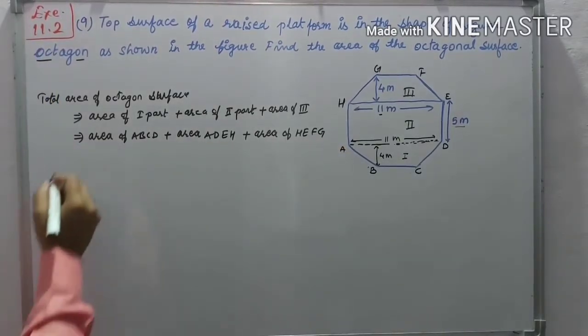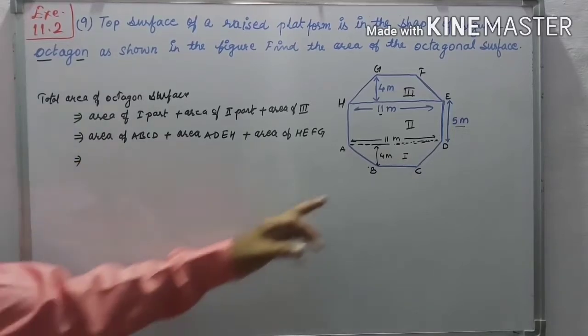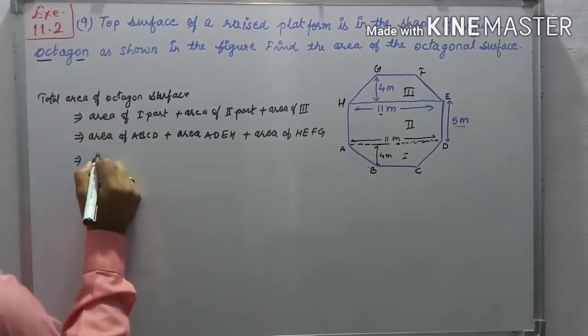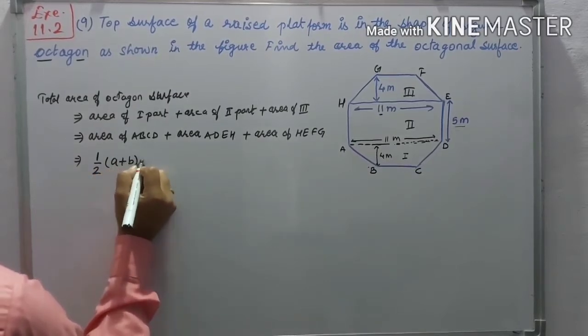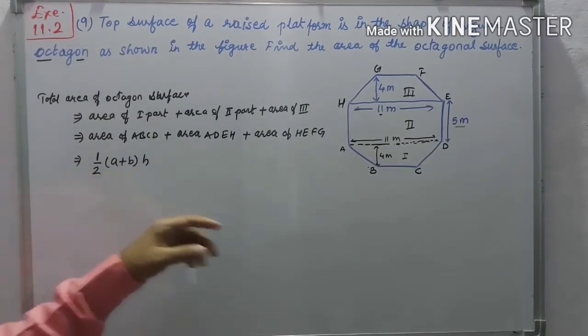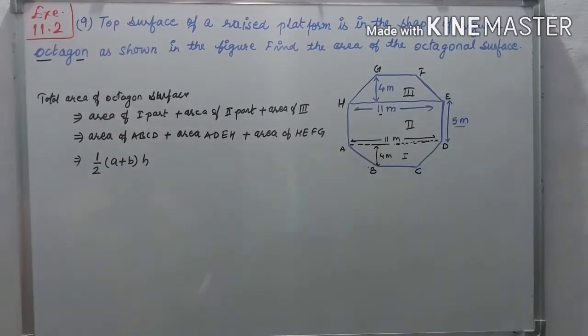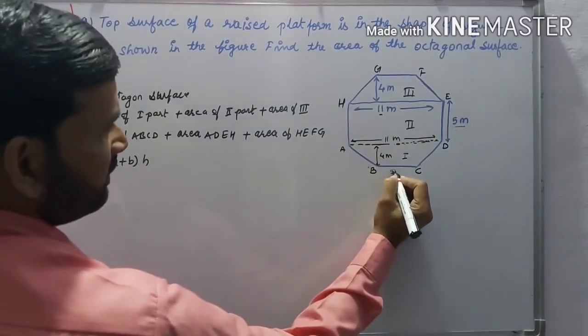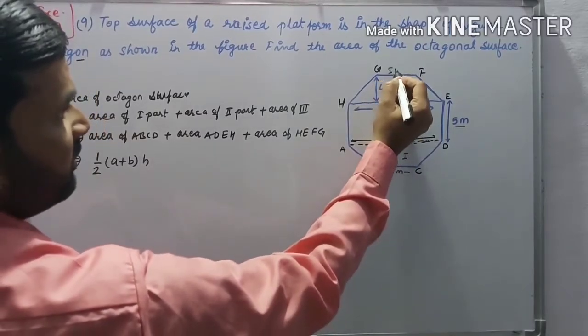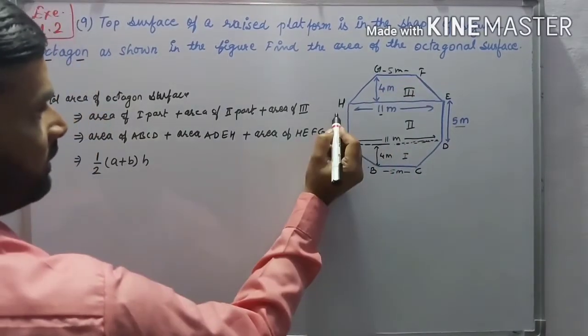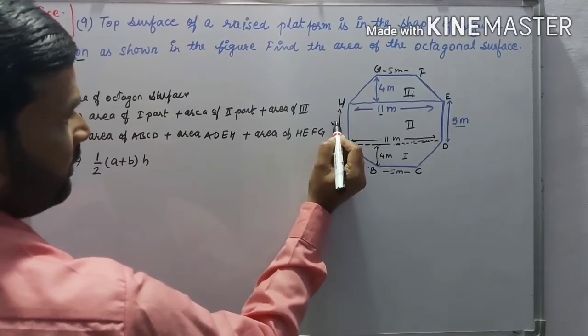Okay, now first is the area of trapezium. Area of trapezium is 1/2 (a plus b) into h, where a and b are the lengths of the parallel sides, and this is 5 centimeter. It is already 5 centimeter, each side is 5 centimeter. Same here, and the same side here will be 5 centimeter.